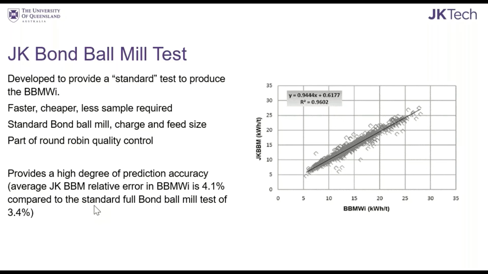So we're obviously quite happy with this test. Any lab who does provide this test is also part of the round robin quality control program, so we can be assured that every test that is done is within error.